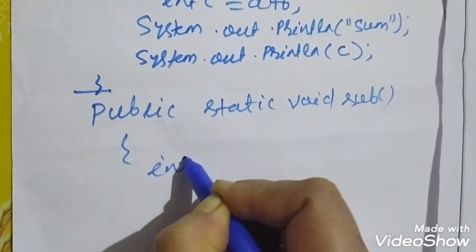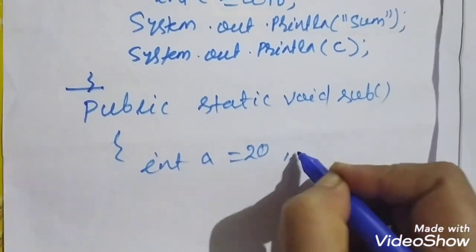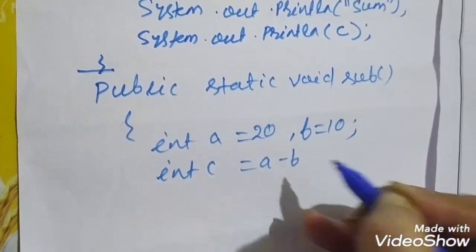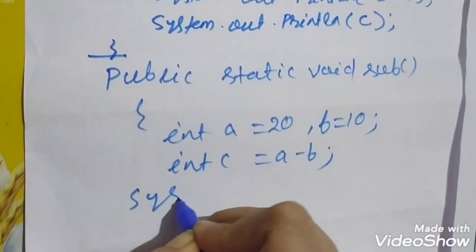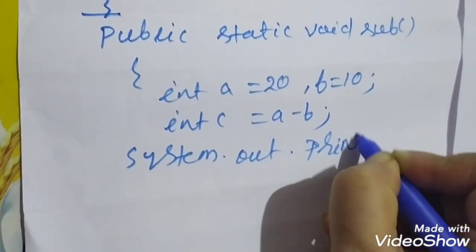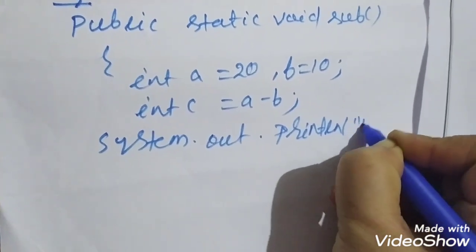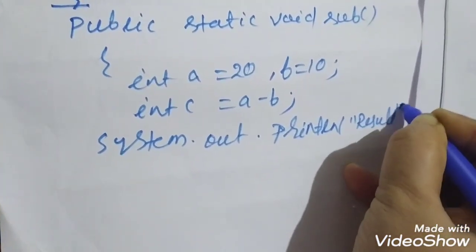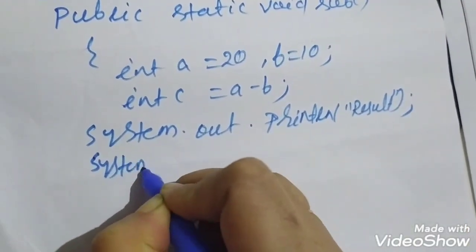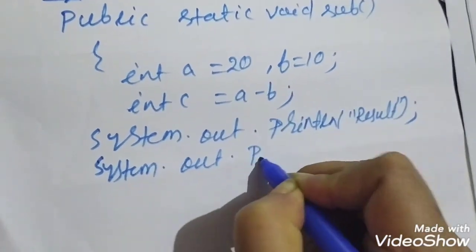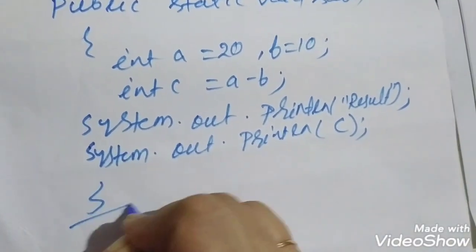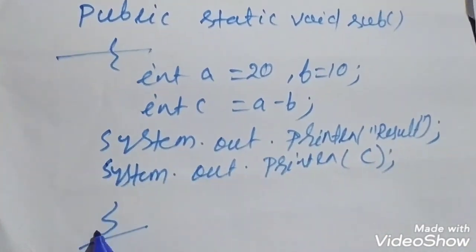Then again int a is equal to 20, b is equal to 10, int c is equal to a minus b, then System.out.println, result, that will be semicolon, System.out.println. See, the curly braces ended. Okay, it is opening and this is the closing.